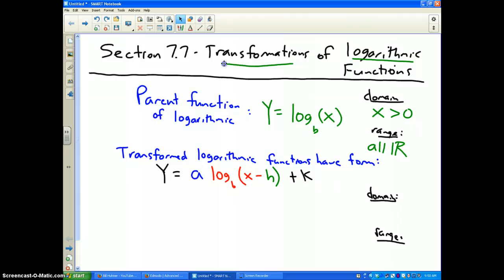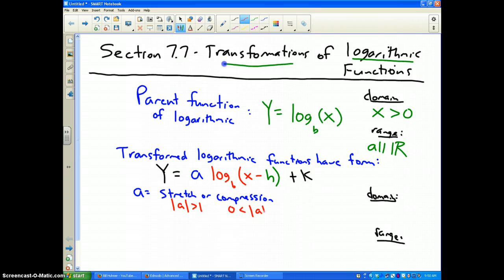Works the same way as everything else. One more time, what does a control? A is the stretch or compression factor. And again, if the absolute value of a is greater than 1, it's a stretch. Or if the absolute value of a is between 0 and 1, it's a compression.